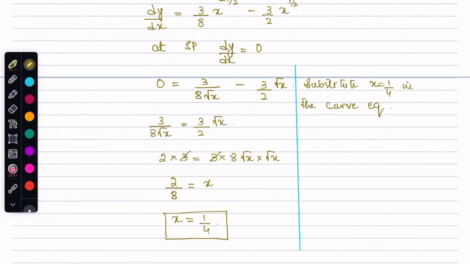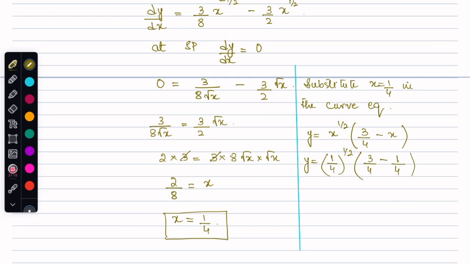To get y, I should be substituting x equals 1 by 4 in the curve equation, and the curve equation was x to the power 1 by 2 times (3 by 4 minus x). So if x equals 1 by 4, then it's 1 by 4 to the power 1 by 2 times (3 by 4 minus 1 by 4).